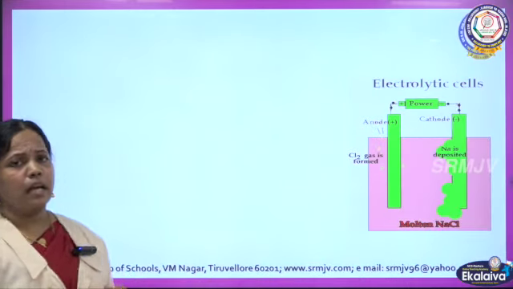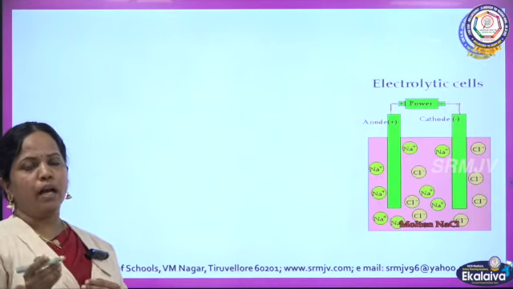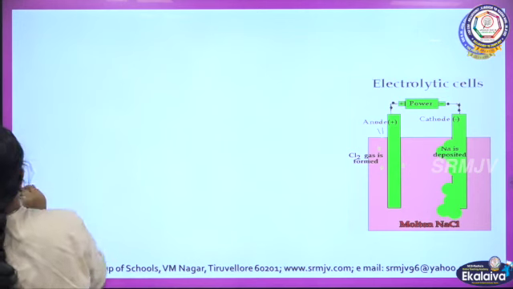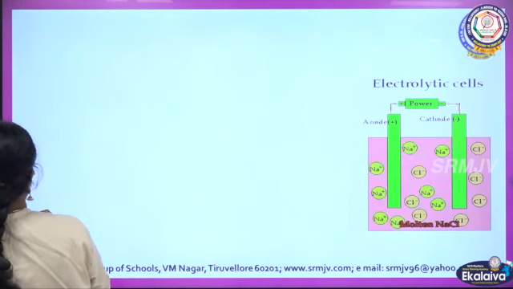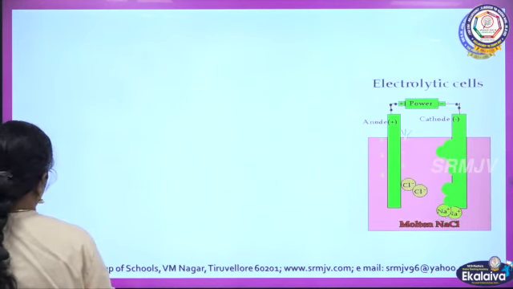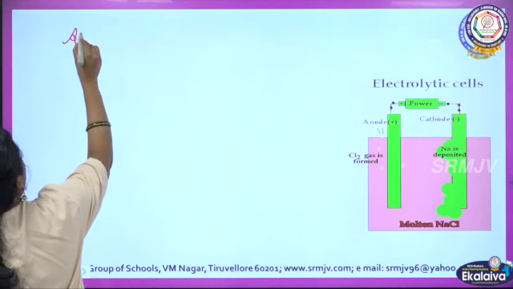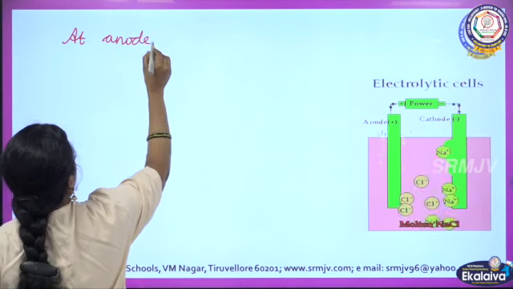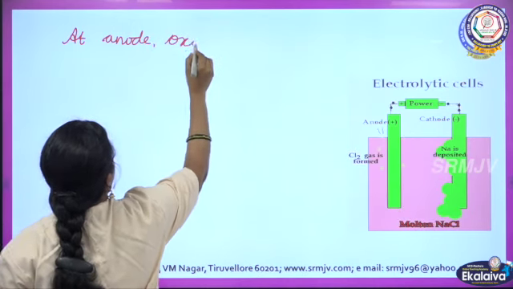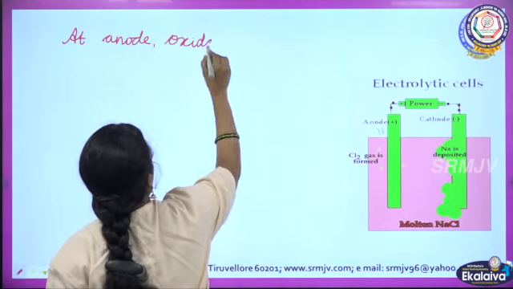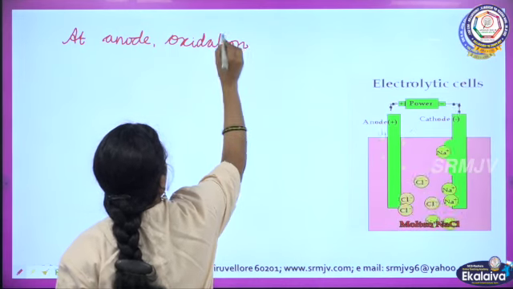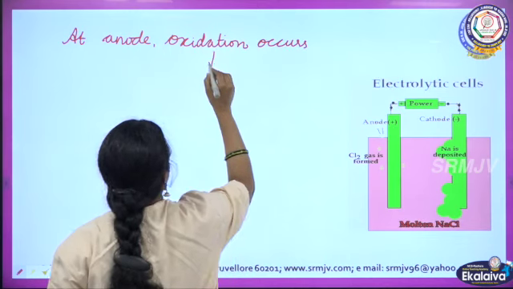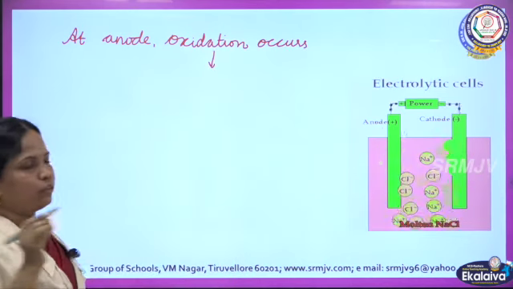As we have discussed, chloride ions migrate towards the anode. So, at the anode, oxidation occurs. Oxidation means loss of electrons.